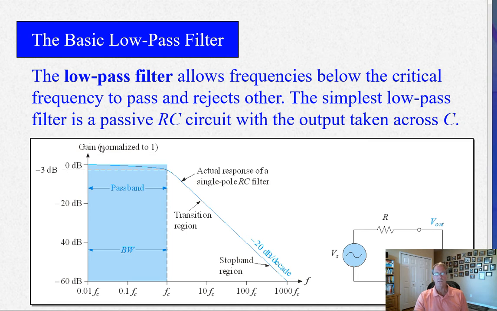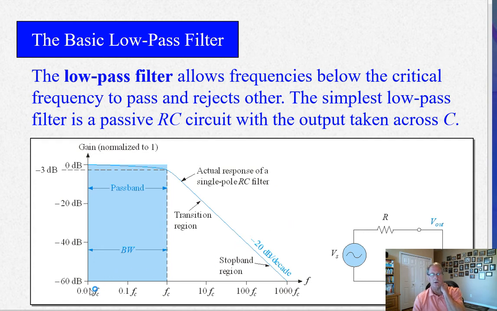As the frequency gets higher and higher, this becomes more of a short circuit. At a really high frequency, this capacitor is 0 ohms or close to it, so you don't get much voltage out here. So you can think of it as a resistor divider, and this capacitor is a frequency-sensitive resistor, or a variable resistor that is varied by frequency. That's always the case.